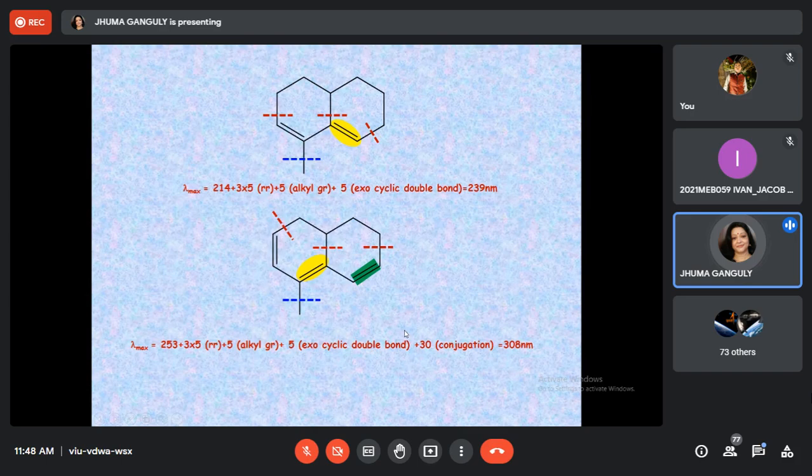So what is the value now? 253 base value, 3 into 5 for ring residue, 5 for alkyl group, plus 5 for exocyclic double bond, plus 30 for conjugation. For each conjugation we have to add plus 30. So that is equal to 308 nanometers. Clear?